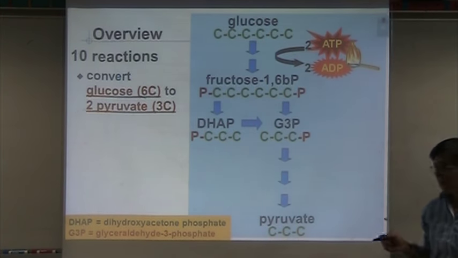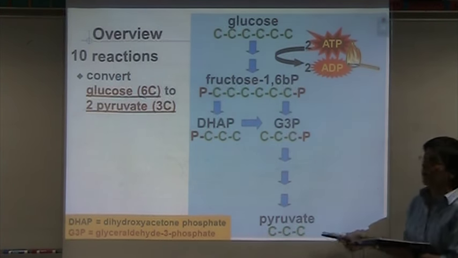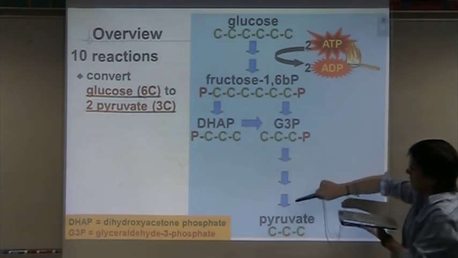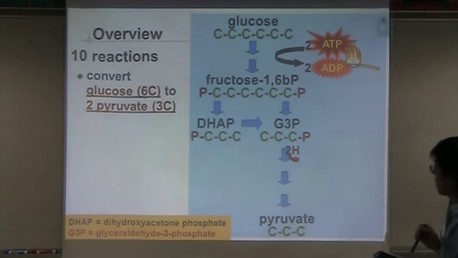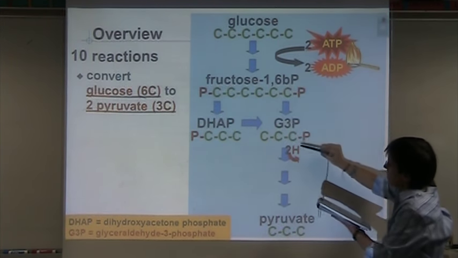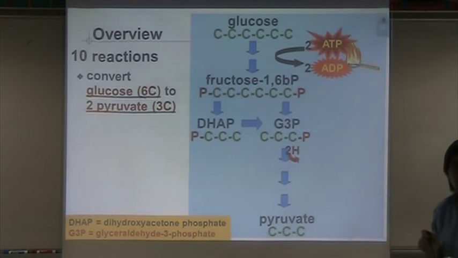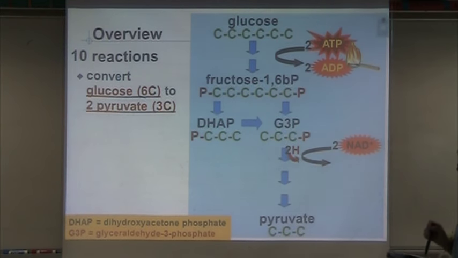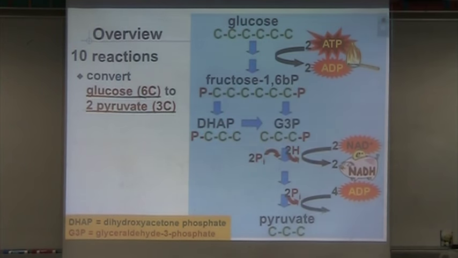After many reactions, we end up with pyruvate. These are pretty much the same compounds that you have in the chart that I gave you. Between G3P and pyruvate, a number of important things are going to happen. We are going to pick up 2 electrons, and we are going to manufacture a total of 4 ATPs.